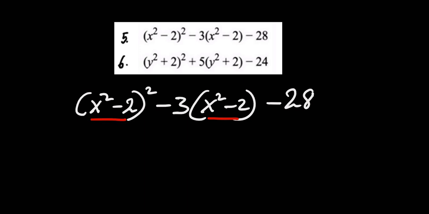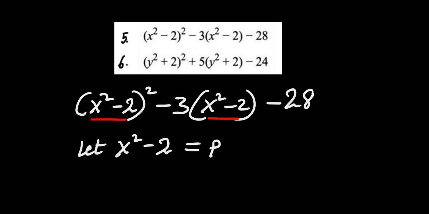So, to solve this problem, we can simply assign the content of the parentheses to a particular variable. So, let x squared negative 2 be equal to p. You can choose any letter of your choice.